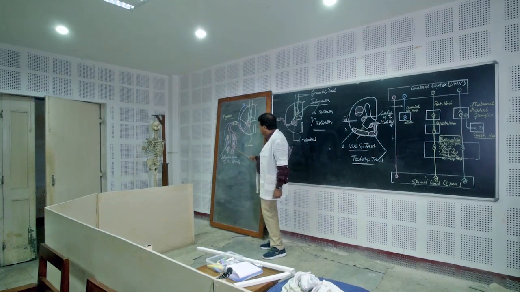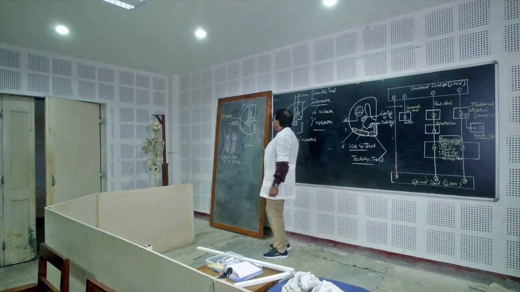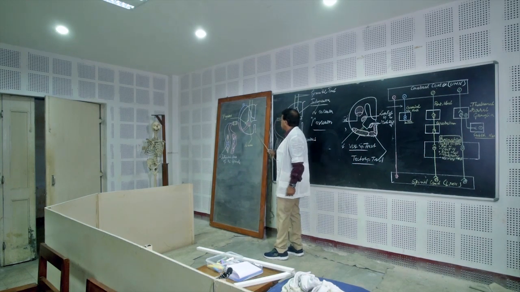And when the central part gets stimulated, the afferent impulse carried from the central part passes through the afferent nerve fiber of the spinal nerve, enters and reaches the spinal cord, and this will do what? This will stimulate the alpha neuron.